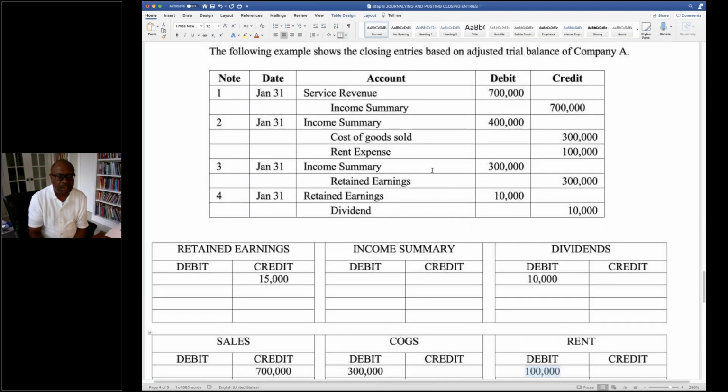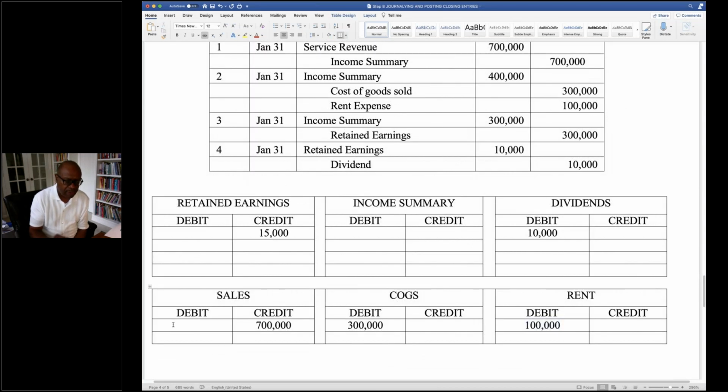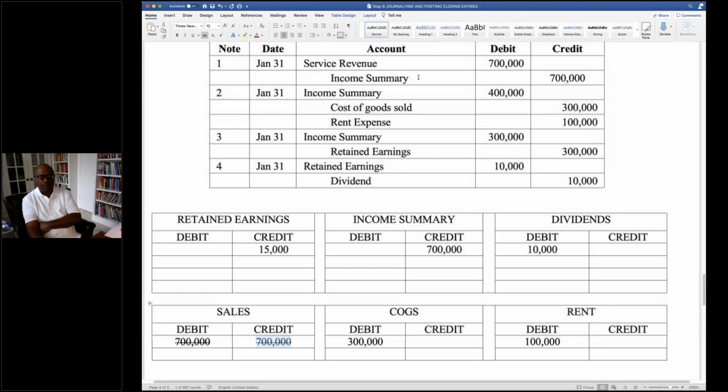We debit sales for $700,000 and credit the income summary for $700,000. Now the sales are closed out.